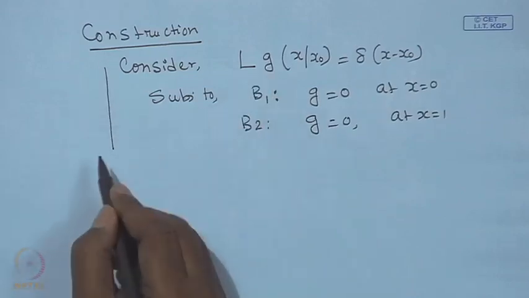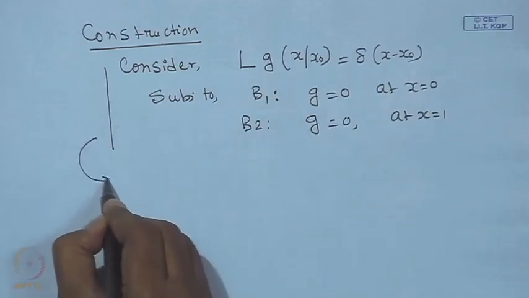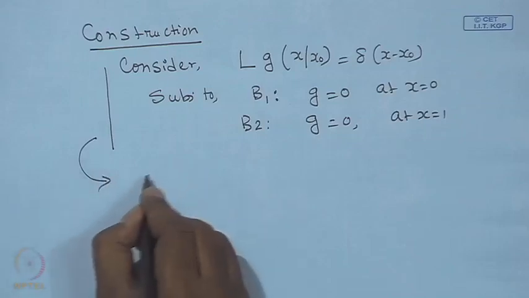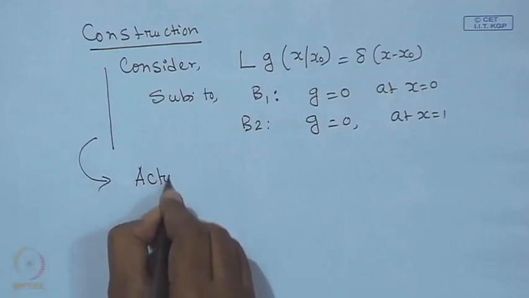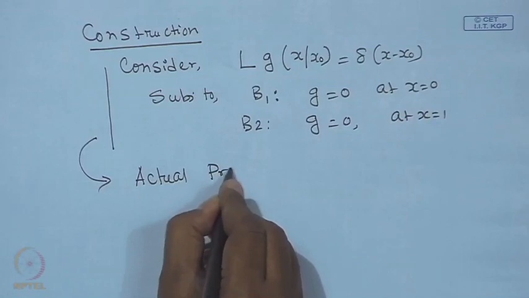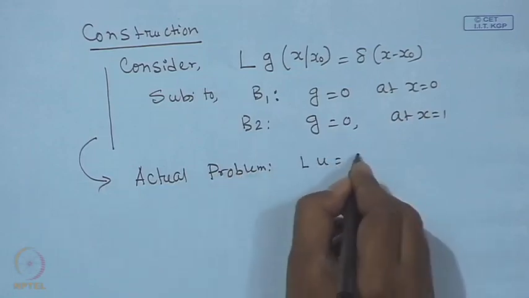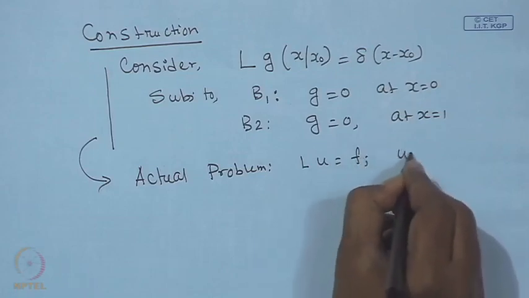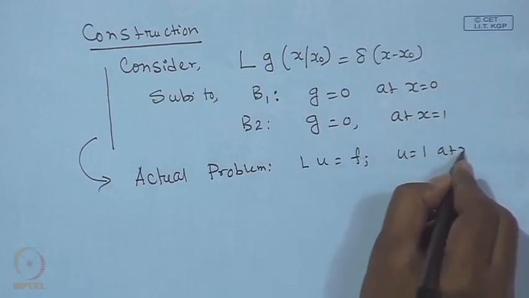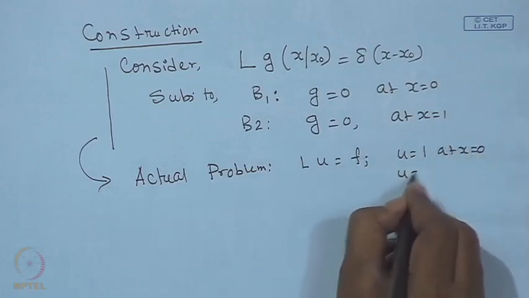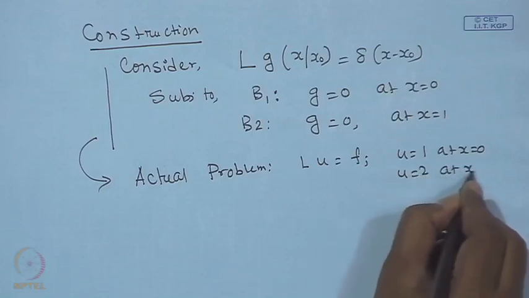We can construct this causal Green's function if we have the actual problem something like this: L of u is equal to F, u is equal to 1 at x is equal to 0, u is equal to 2 at x is equal to 1.